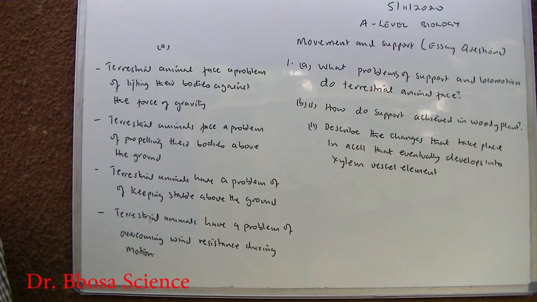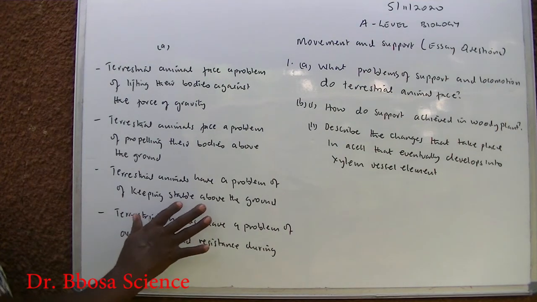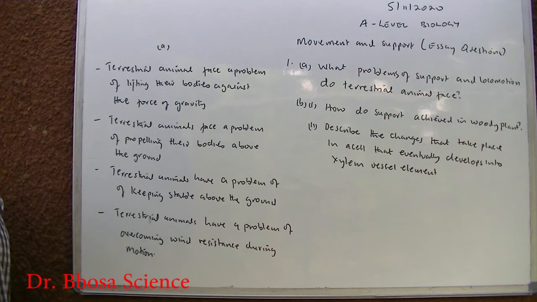Terrestrial animals have a problem of keeping stable above the ground. And 4. Terrestrial animals have a problem of overcoming wind resistance during motion.